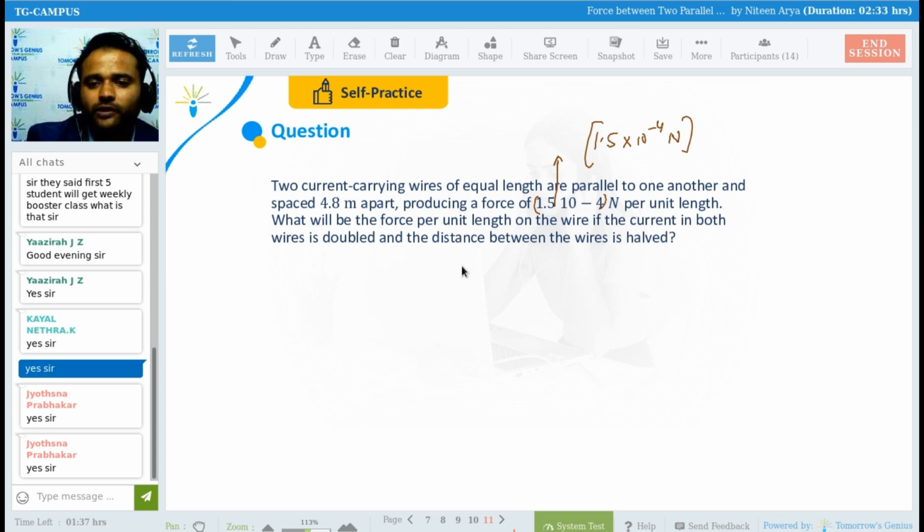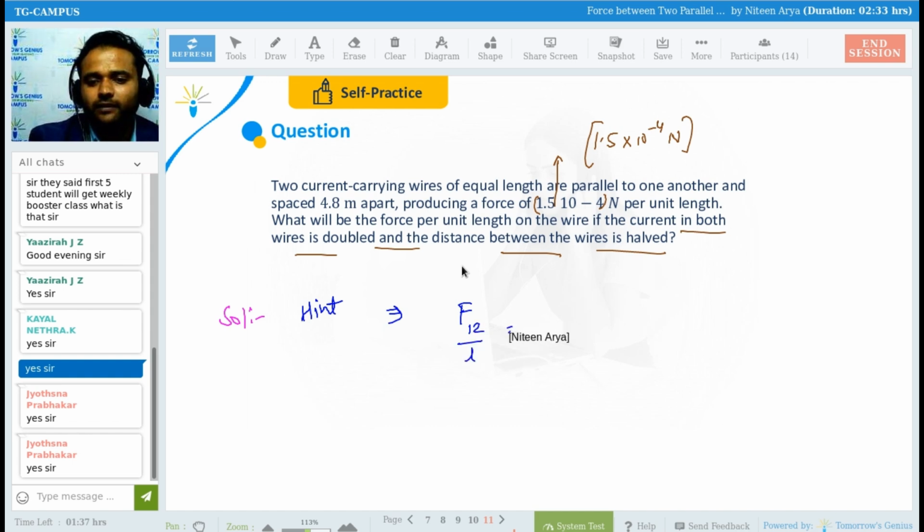What will be the force per unit length on the wire if the current in both the wires is doubled and the distance between the wires is halved? As simple as that, you need to find a relation. Hint I am going to give. Very simple. This particular formula is per unit length also. F12 by L equals mu naught I1 I2 upon 2 pi d. This is your per unit length.